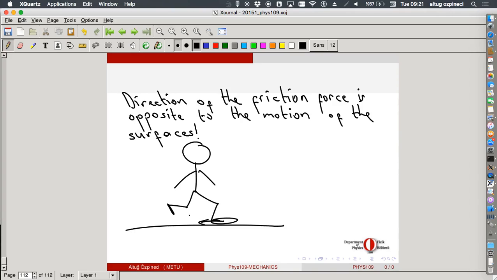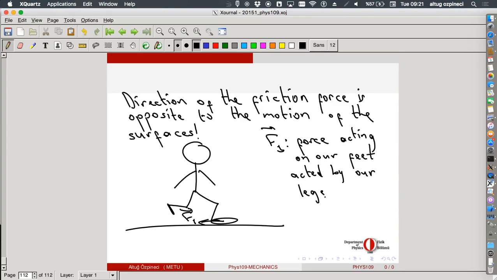So this is the force, let's call it F1. F1 is the force acting on our feet, acted by our legs. So there are two things. The force should be acting on something, or something is exerting the force on something else, and it is acted by something.